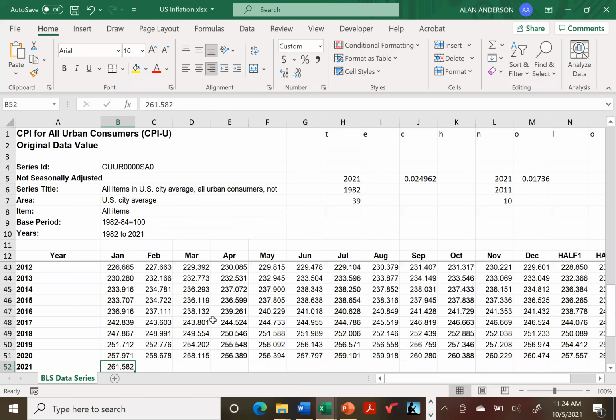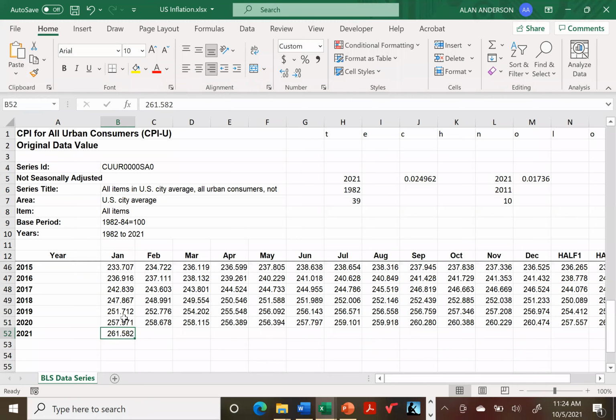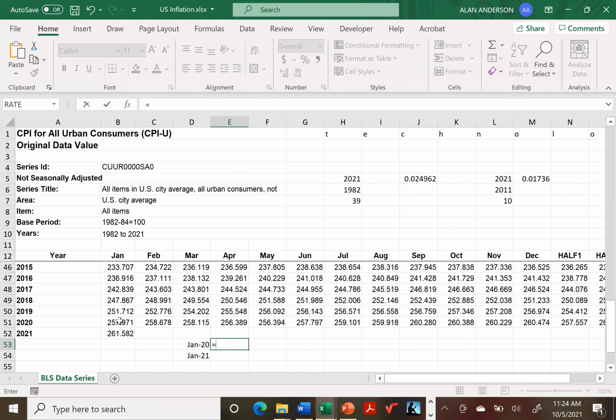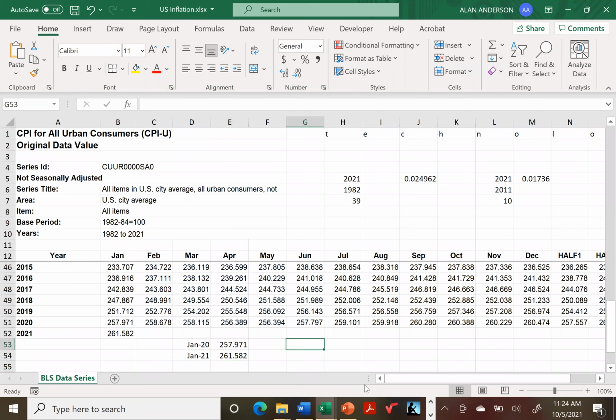All right. So now we can also compare two different years. For example, here's January 2020. And here's January 2021. So what I'm going to do is calculate the percentage change between those 2 years.